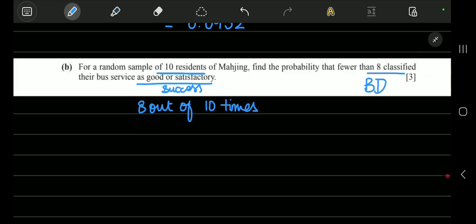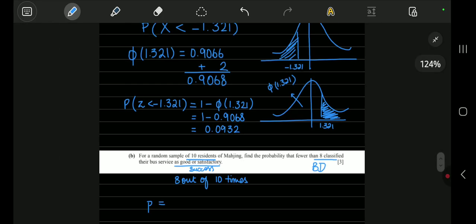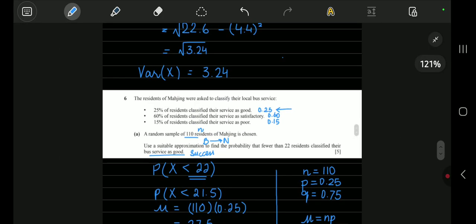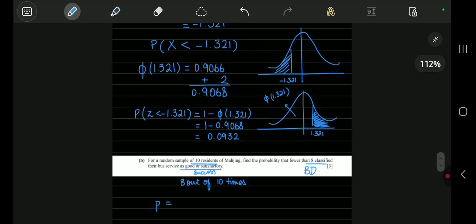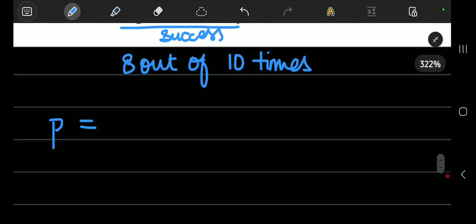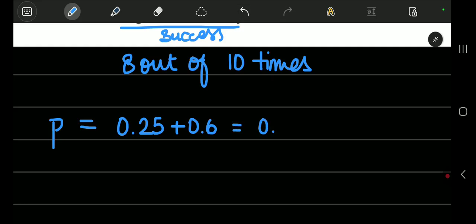So what we will be doing, first define the success as either good or satisfactory. So what is the sum of good and satisfactory? 0.25 plus 0.6. So this will give you 0.85 as your success.